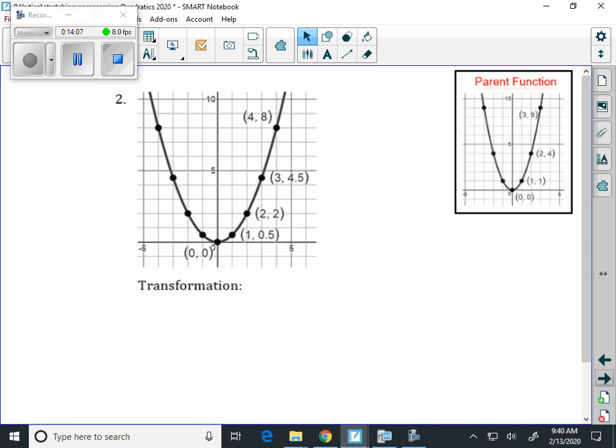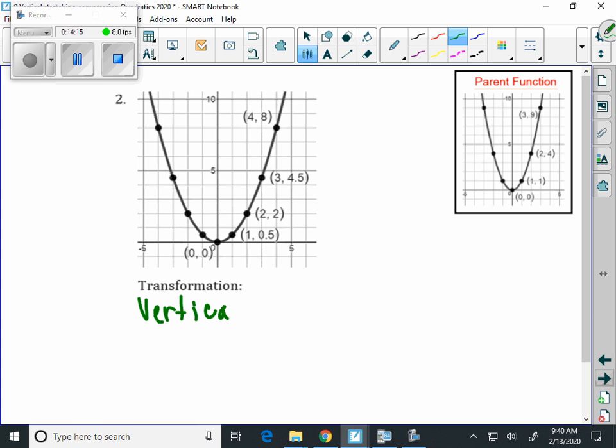So since that y value got smaller this time, this is considered a vertical compression. I usually write vertical compress. And again, it's 1 times 0.5. Well, that's going to be by a factor of 1/2, or 0.5 if you prefer to write it that way.